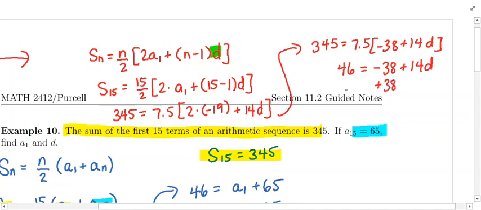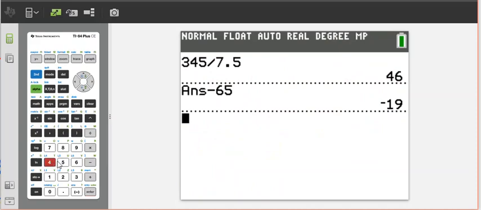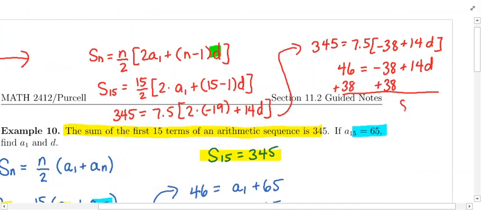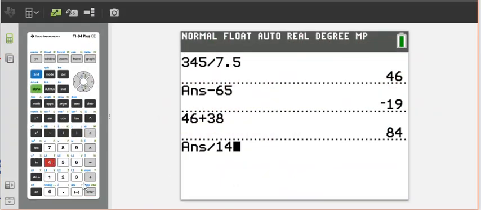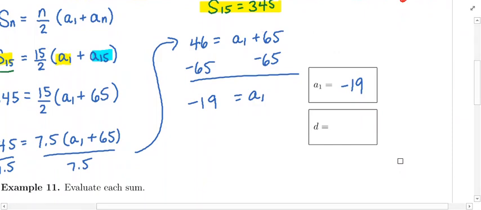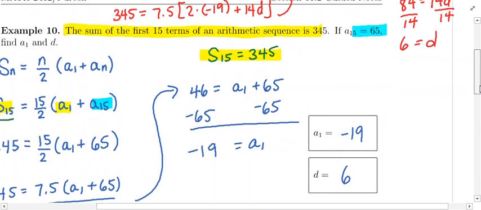Add 38 to both sides. We're going to get 46 plus 38, that's 84. So 84 is 14 times d. Divide both sides by 14. And so we will get that the value of d is 6. That's the answer here. You've got your first value, you've got your d value, and we are done.